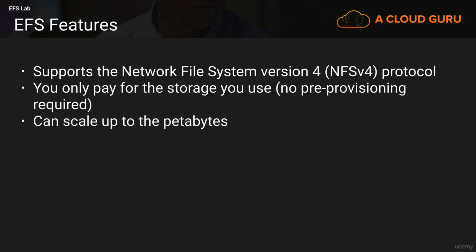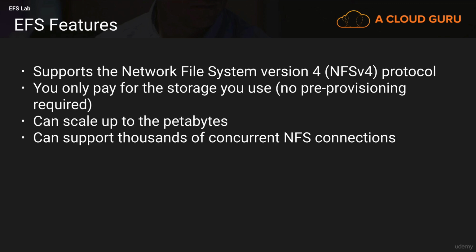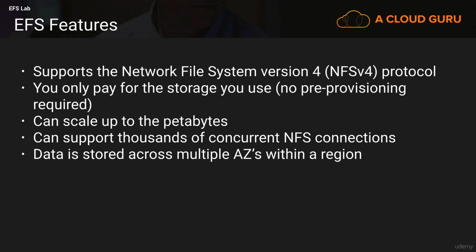You can scale up to the petabytes. It can support thousands of concurrent NFS connections. Data is stored across multiple availability zones within a single region, and it's very similar to S3 in that it has read after write consistency. So as soon as you put a new object onto EFS, you'll immediately be able to read from it.